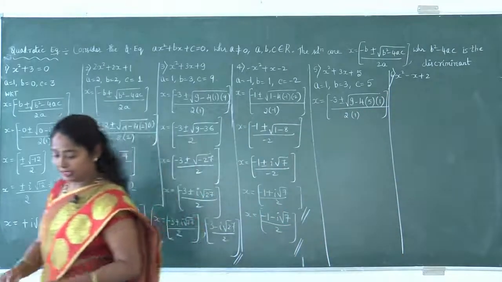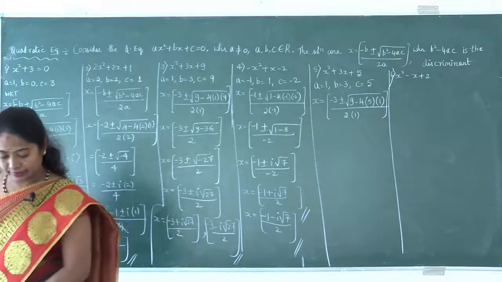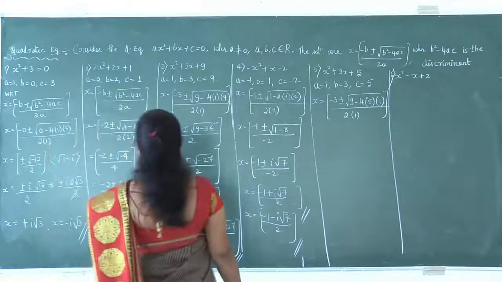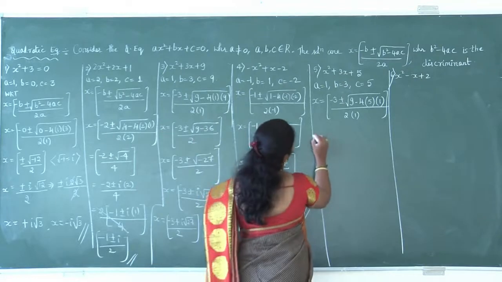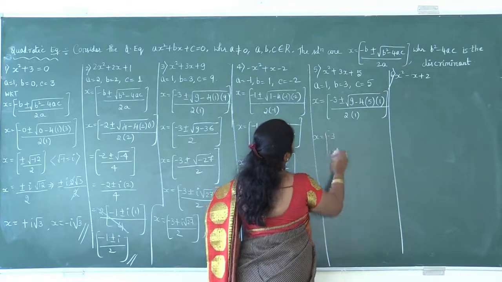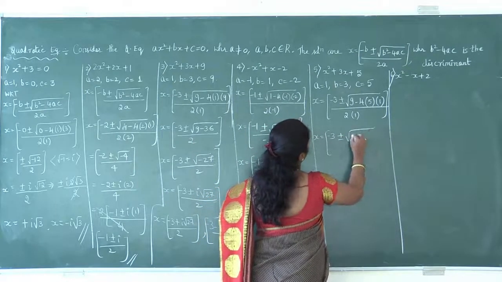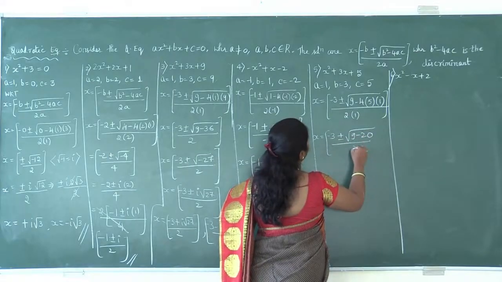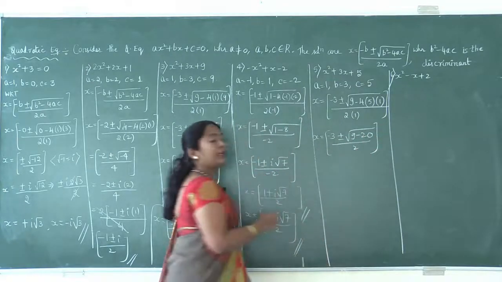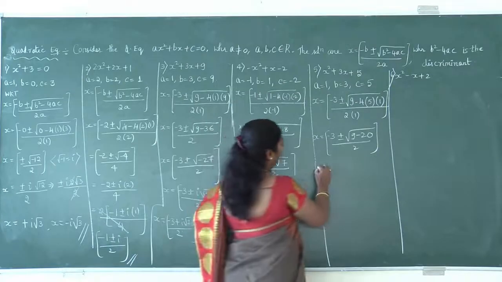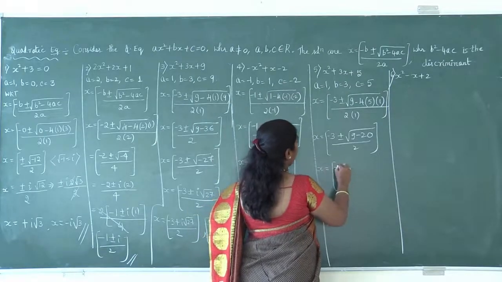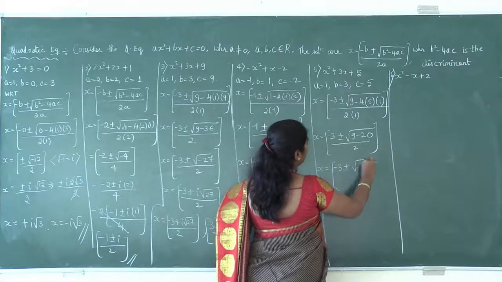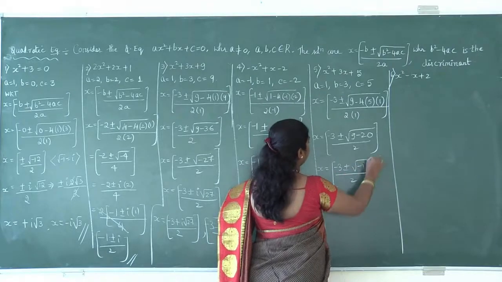Simplifying further, we get x is equal to minus 3 plus or minus root of 9 minus 20, divided by 2. What is 9 minus 20? Minus 11. So x is equal to minus 3 plus or minus root of minus 11 by 2.